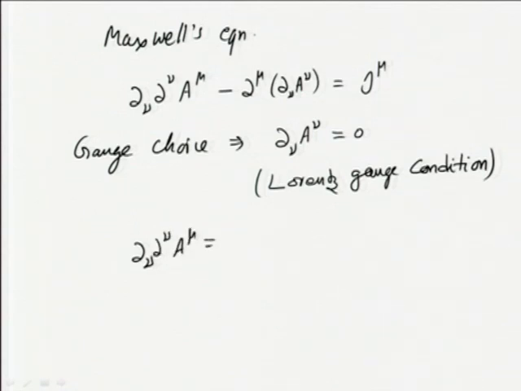and then we have dou nu dou nu A mu equal to J mu, or in a slightly more compact way we can write it as box square, which is equivalent to dou nu dou nu where nu is summed over. In that case I can write box square A mu equal to J mu, a slightly neater way of writing it, meaning the same thing in any case.